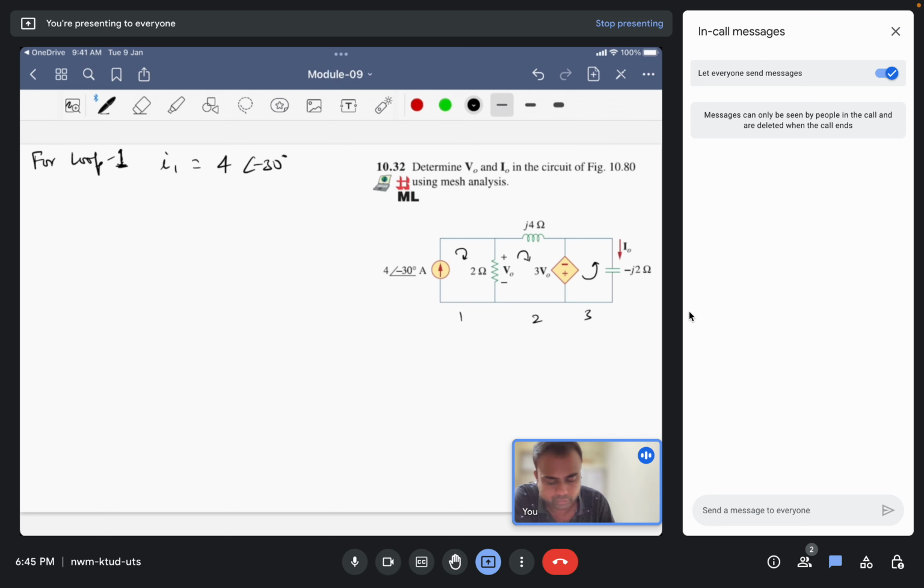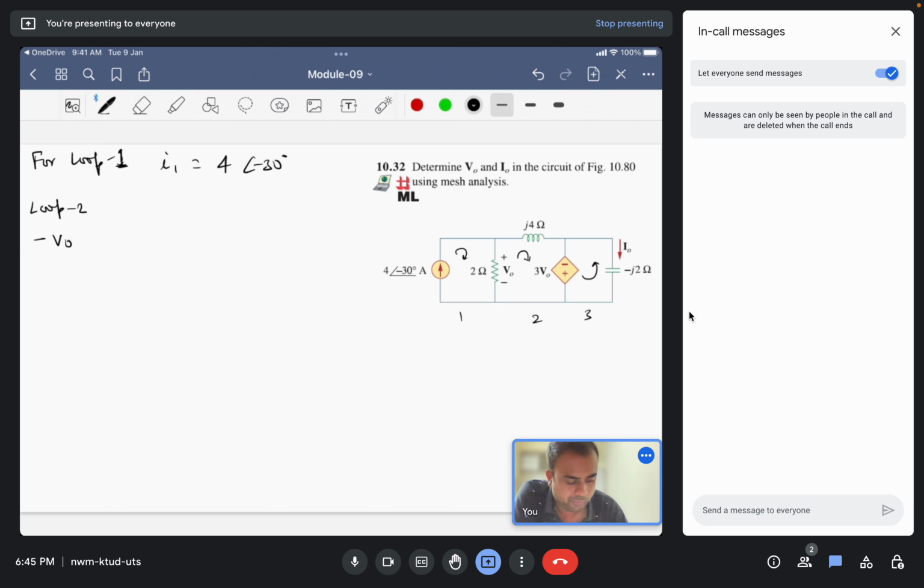Now let us get to loop 2. We have the direction of flow looks like this. So minus to plus, so there will be a minus V0.